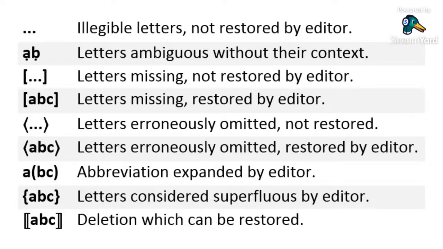It's correct in terms of the original use of Leiden in the 1930s. It's also correct in that it is the way that Roman epigraphists, and in particular Latin epigraphists, still use it.